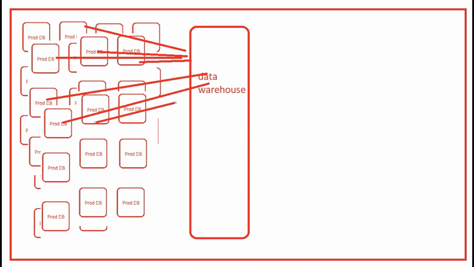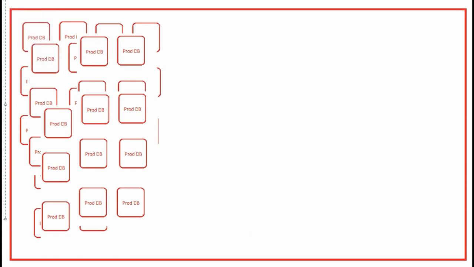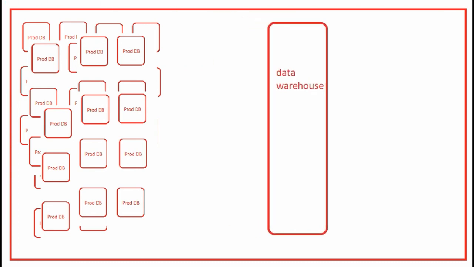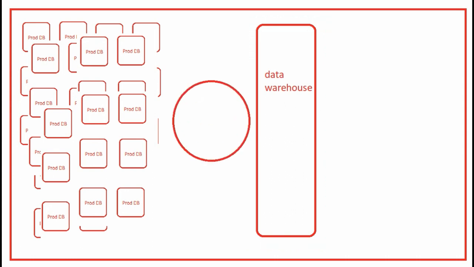Now, how will this particular data come to my data warehouse? For that, I hope you remember we did SSIS. So, in order to get the data into my data warehouse, I'm going to create daily ETLs. I'm going to create ETLs over here.